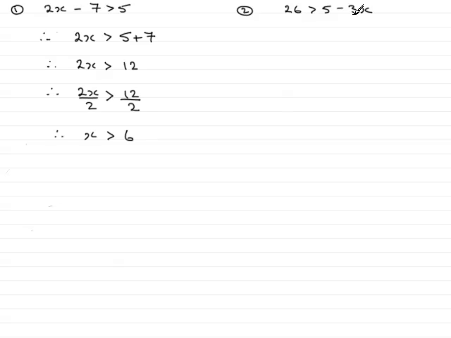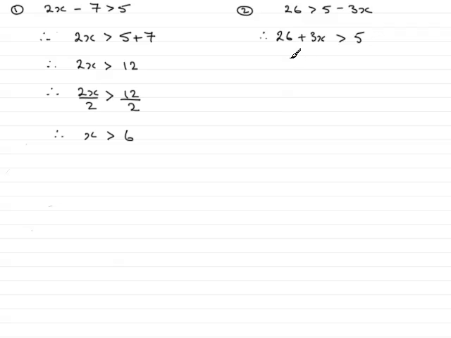Now if we look at example number 2, there's several ways that I could do this example, and I'll try and go through a few different methods. First of all, I could add 3x to both sides. So if I did that, I would have 26 plus 3x is greater than 5.